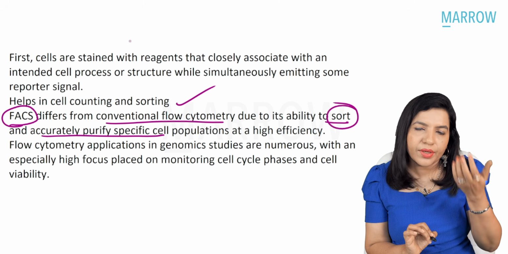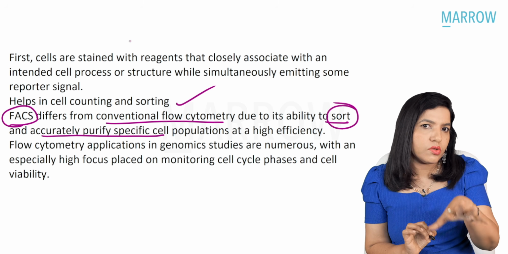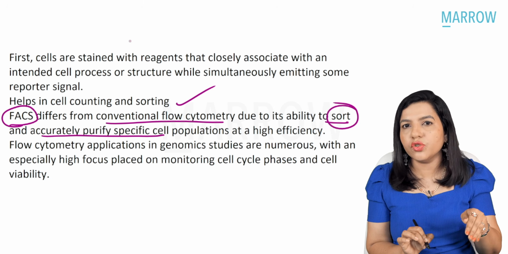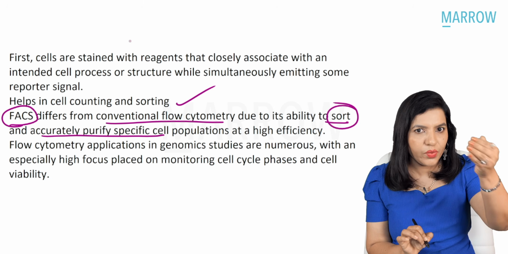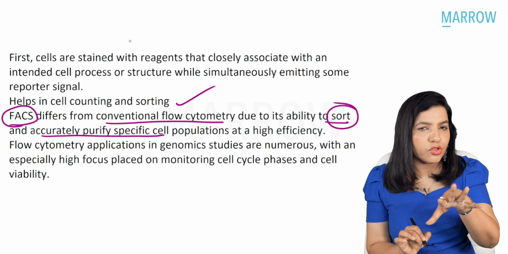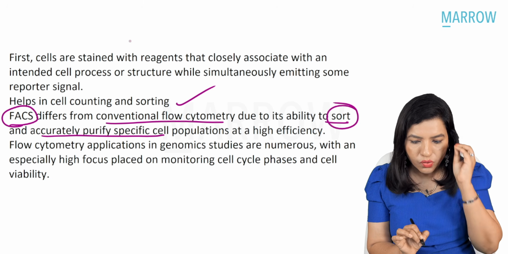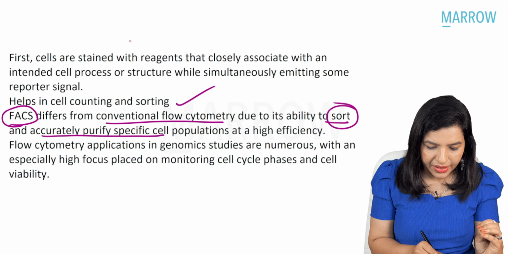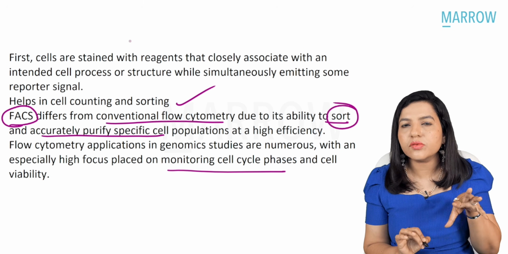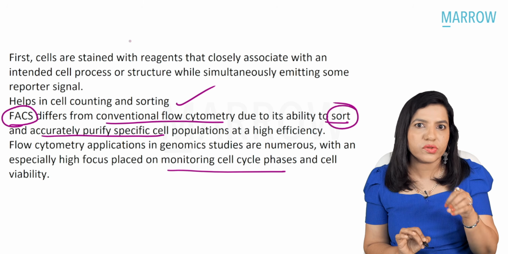Now, the question is specifically about a DNA alteration, so it's a genomic study. Flow cytometry in genomics is used only for monitoring the cell cycle phases. That is the use of flow cytometry.